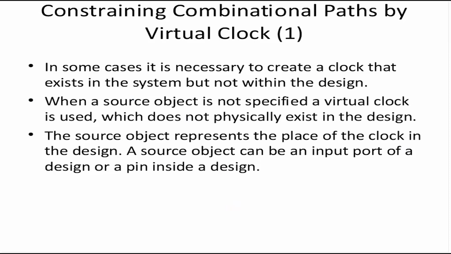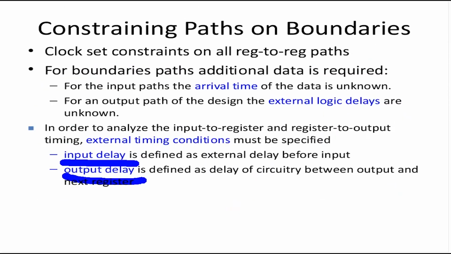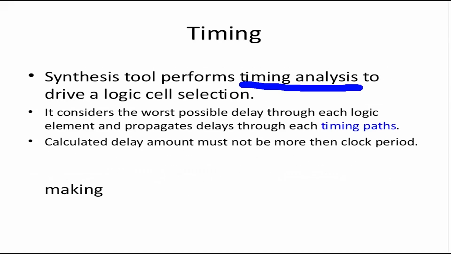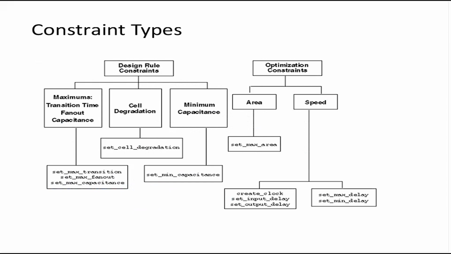So now we saw how register to register paths are constrained by defining a clock. We saw how input to register and register to output paths are constrained by defining input delay and output delay. Let me just go back and review the commands. We'll have dedicated lab sessions and lab videos.